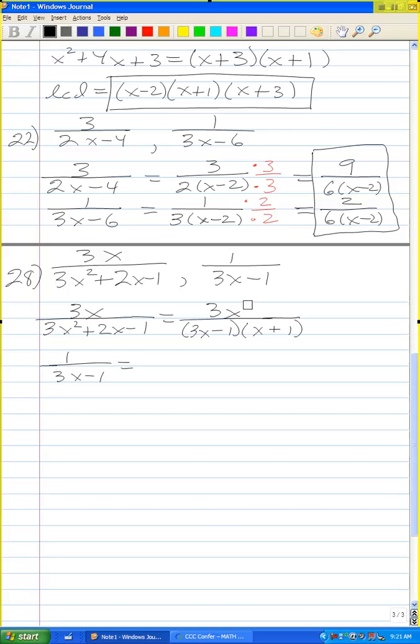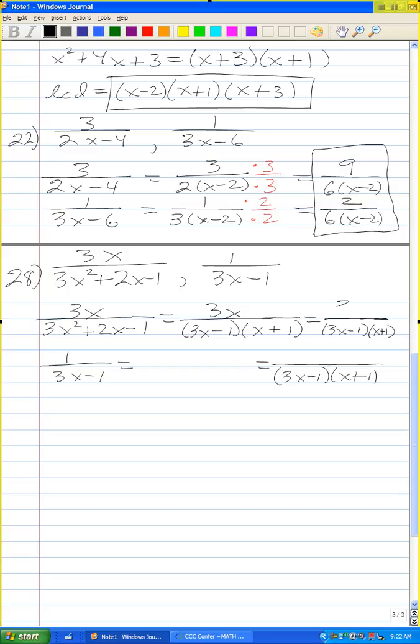So notice that 3x times x is 3x squared, plus 3x minus x is plus 2x minus 1. So the least common denominator in this case is 3x minus 1 times x plus 1. And so we have the following. 3x minus 1, x plus 1, 3x minus 1, x plus 1.